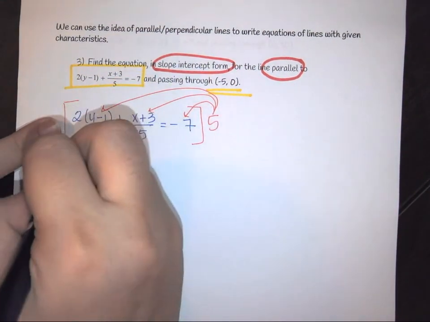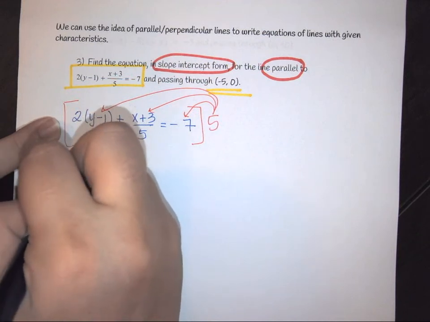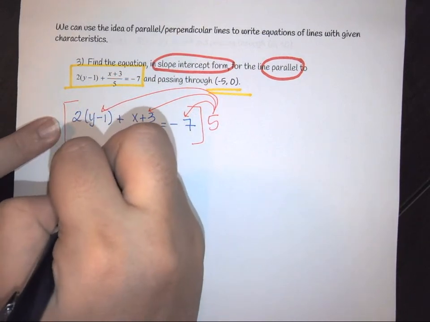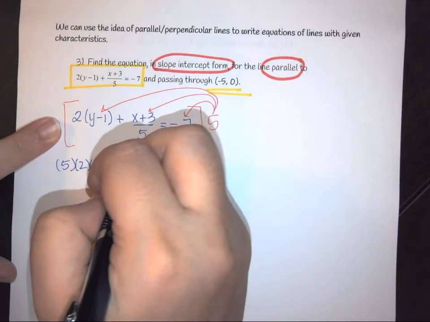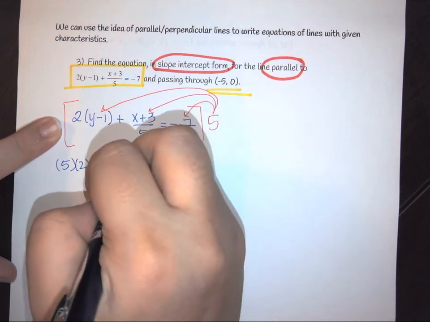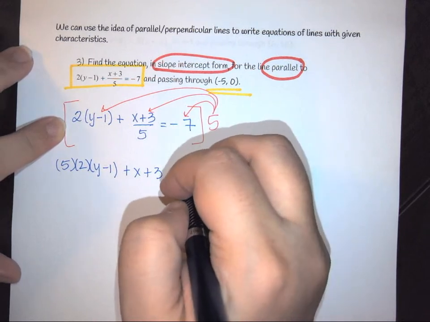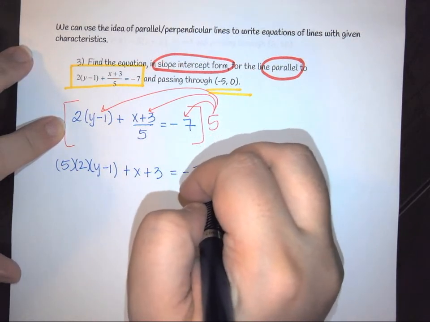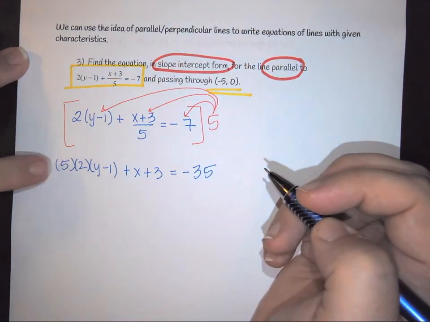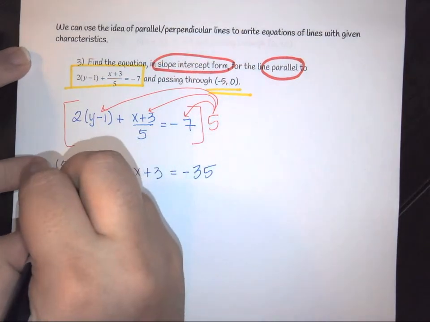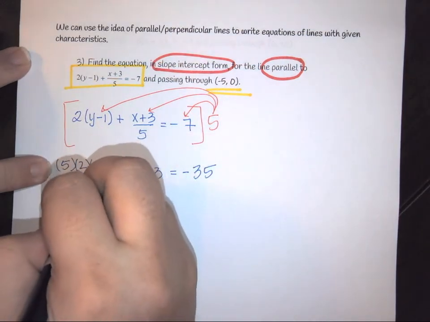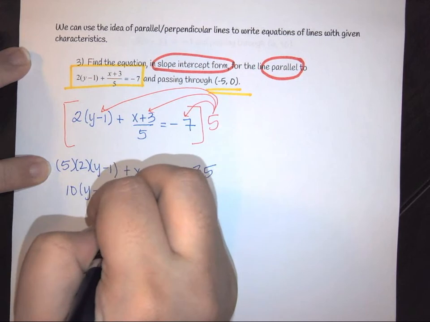So here, this is going to become 5 times 2 times y minus 1. My 5 is going to cancel, so plus x plus 3 is equal to 5 times negative 7, which is negative 35. Do the math here, and this gives me a 10 times y minus 1 plus x.